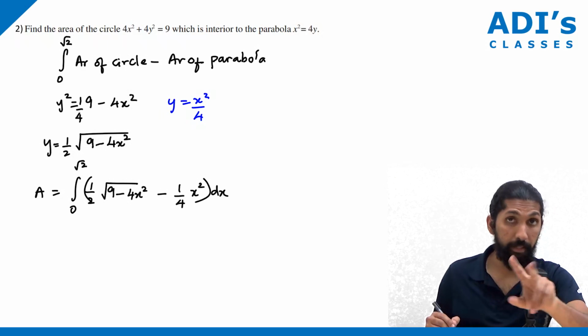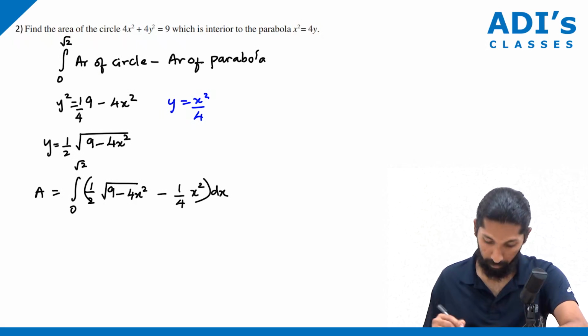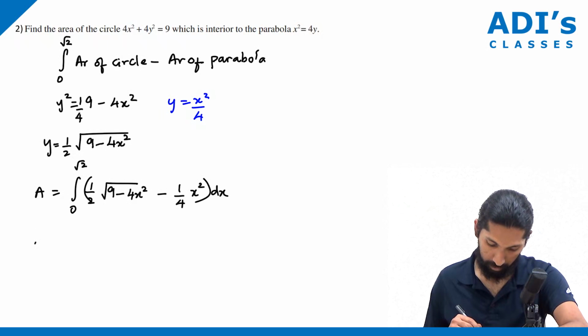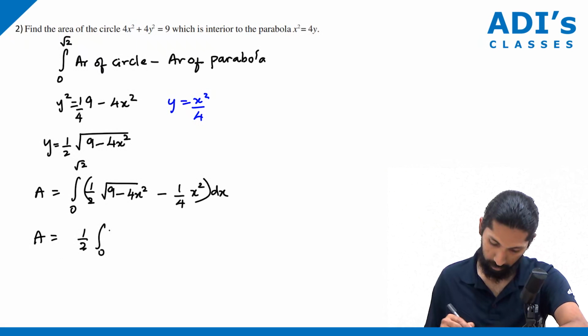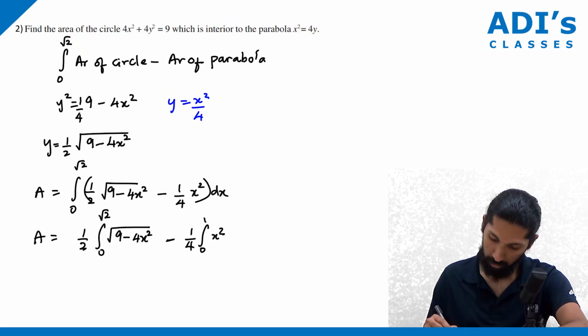We'll split the integral, much easier to solve. So when we split the integral, we get A is equal to half integral 0 to root 2 of root of 9 minus 4x square, minus 1/4 integral of x square from 0 to root 2.